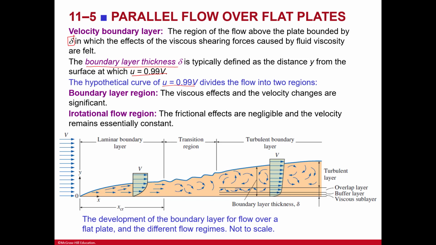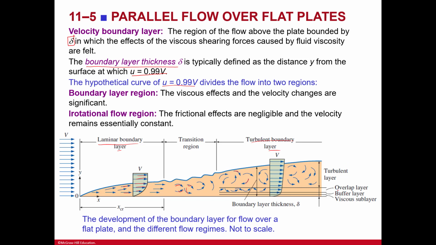So you can see, we've talked about this laminar boundary layer, and you can see these are really consistent, really uniform. The transition is when they start to get a little disrupted, and then you get into that turbulent boundary layer where they're just really chaotic here.